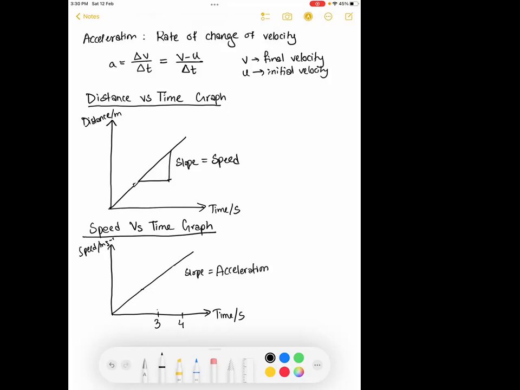How are you going to find this? You can simply find this area, and this area will give you the distance that is traveled between 3 seconds and 4 seconds, okay?